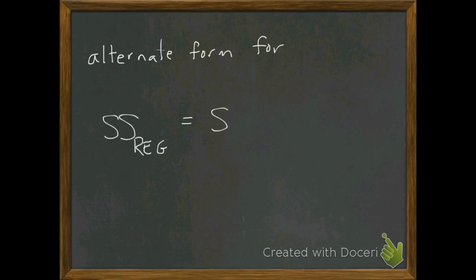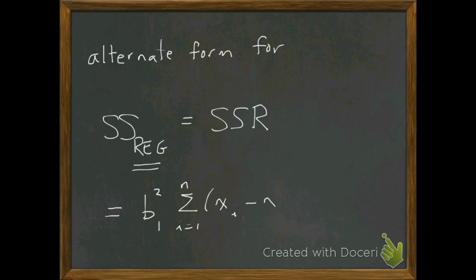Remember, that was just the sum of squares. Sometimes when I'm teaching, I'll use subscripts to indicate what I'm talking about. This is just taking our estimate of the slope squared times the sum of an expression that you guys have seen quite a bit before.